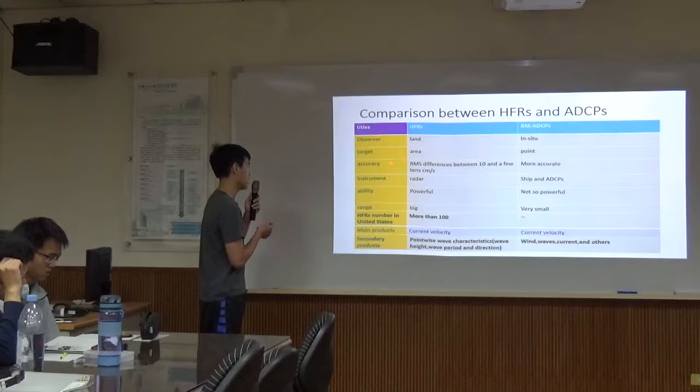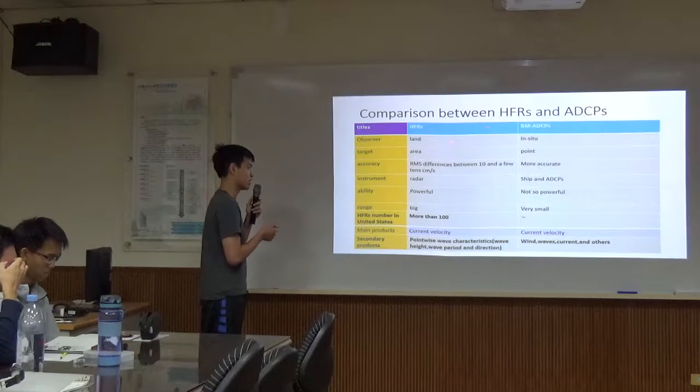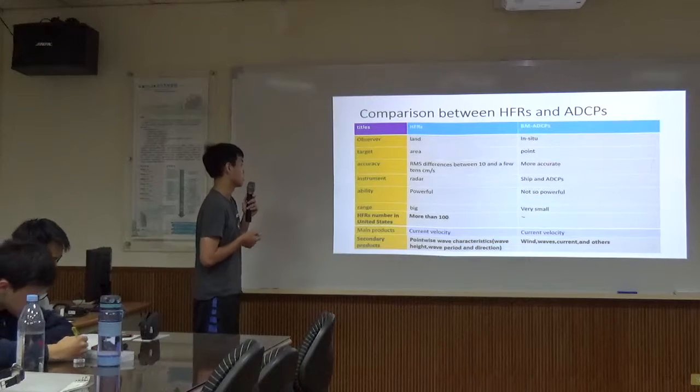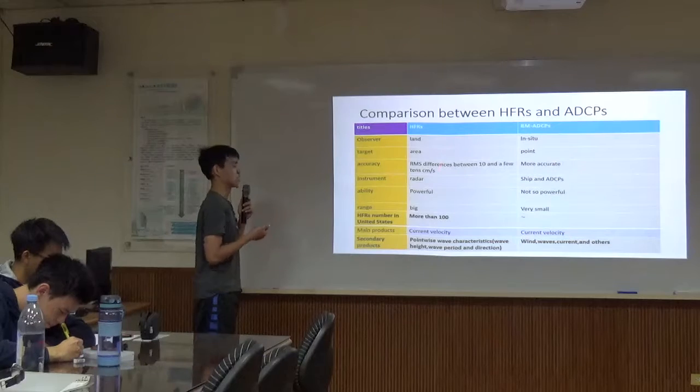And HFR targets an area because it is a radar. It can transmit signals and target the water waves and heights. And ADCP is just a point that measures current velocity. Okay, briefly speaking.